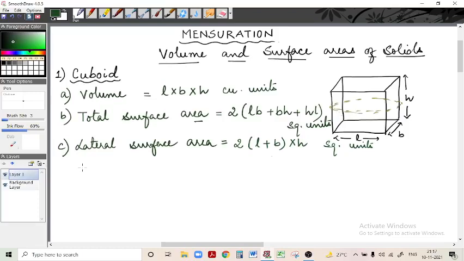It also resembles the area of 4 walls. In case of area of 4 walls, the formula is the same: twice of length plus breadth into height. Next is your diagonal.